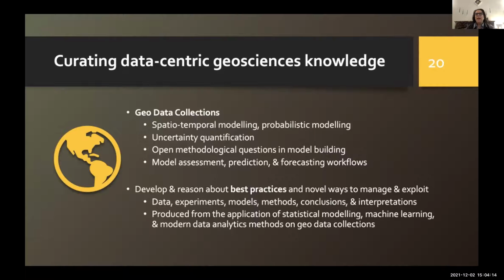Then some of the data are associated with uncertainty quantification. Again, these aspects of the data are not very commonly seen in other domains, so this has to be addressed in a particular way. And then model assessment, prediction, which are the type of queries that might be asked on top of the data collections, could be used as guidance to curate the collections.